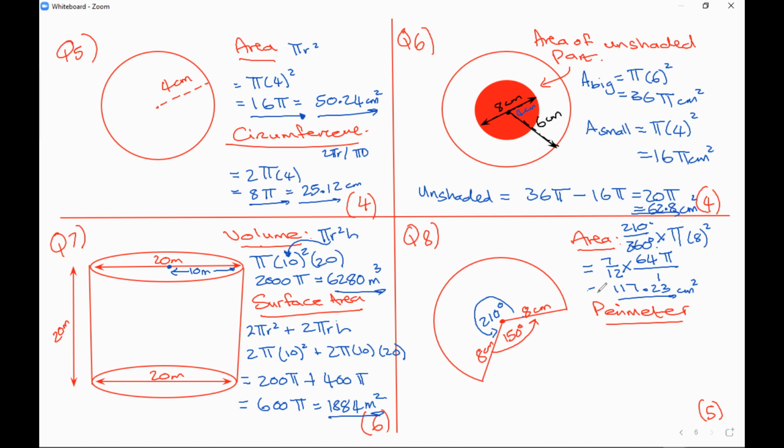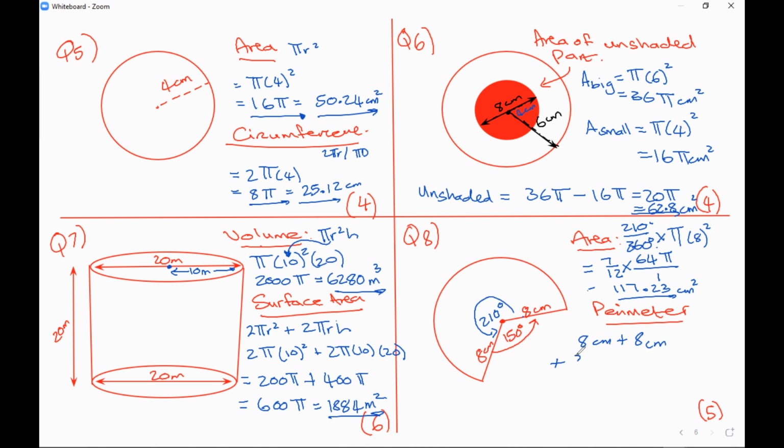Yeah. The perimeter is calculated by taking this length, which is 8 centimeters, plus this length, which is 8 centimeters, plus that length that's going all the way around.